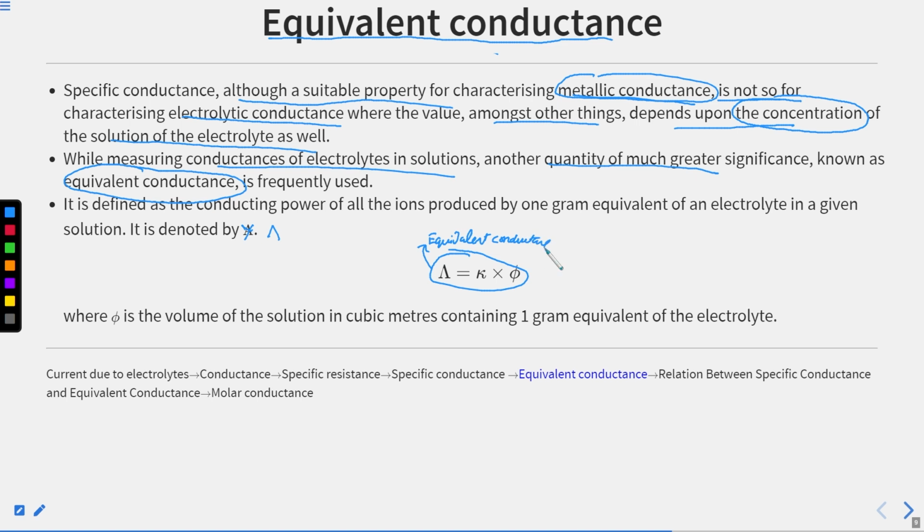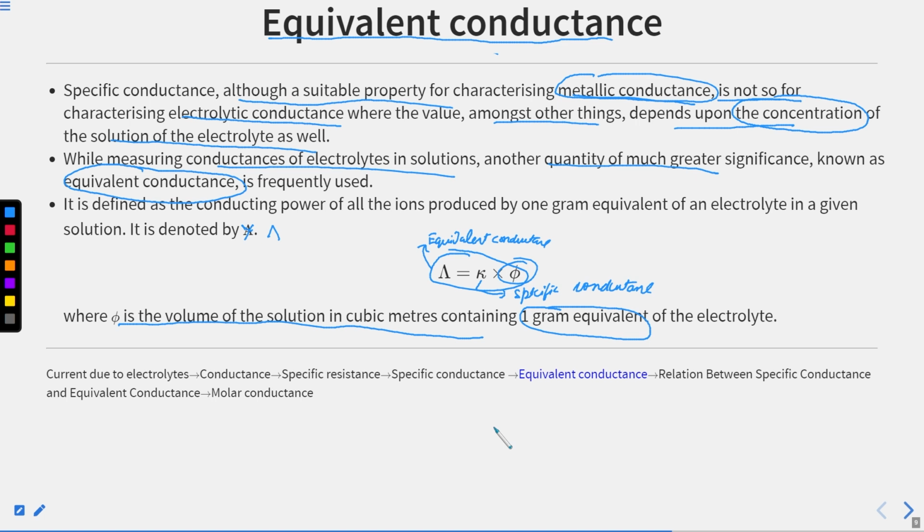Okay, and this kappa is our specific conductance. We have seen it earlier. Now what is this phi? So this phi is the volume of that solution in cubic meter which contains 1 gram equivalent of that electrolyte.